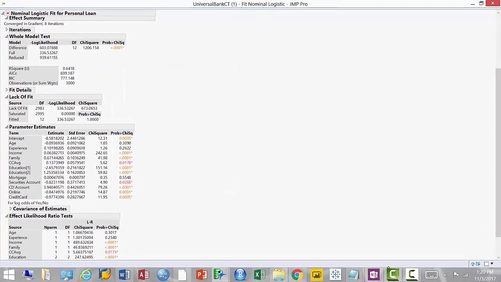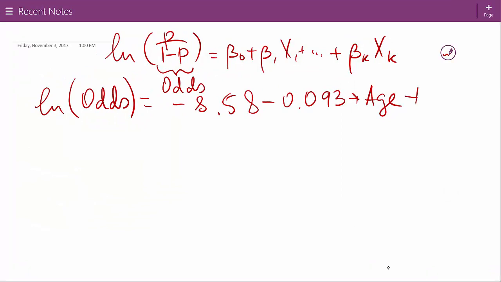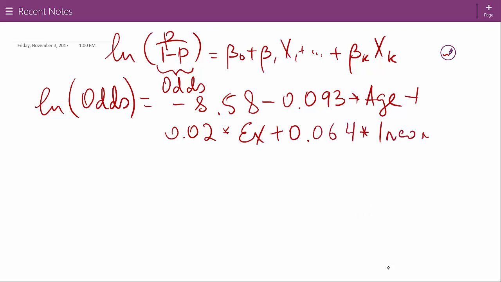Next variable is experience, plus 0.102, plus 0.02 times experience, plus 0.064 times, I believe, income, right? And the rest of them. So the list goes on, okay?